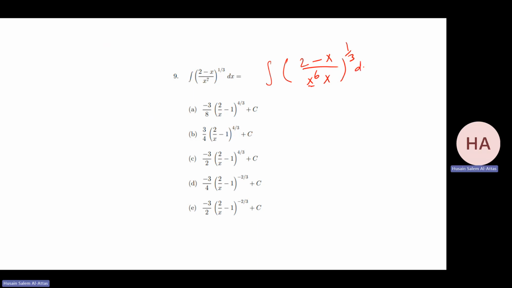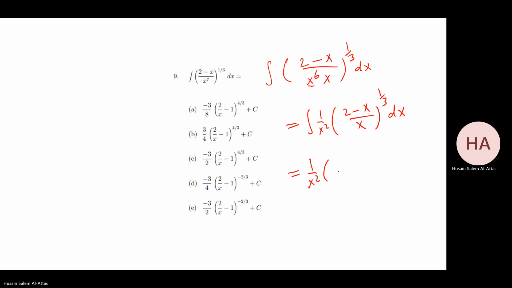Distance, I can take it outside, that will be x to the power 6 over 3. That will be 1 over x square. 2 minus x over x to the power 1 over 3 dx, which is 1 over x square, 2 over x minus 1 to the power 1 over 3 dx.